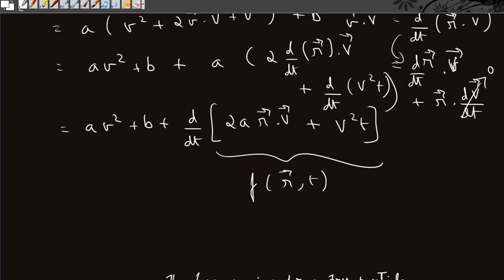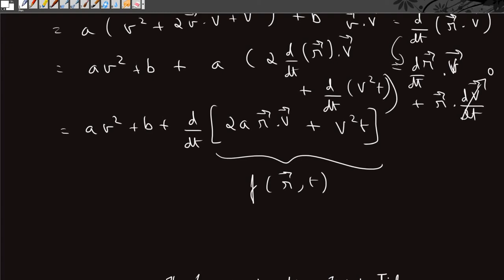We had already seen that if L dash differs from L by a total derivative of a function which depends on just the position coordinate and time, then the two Lagrangians are equivalent.